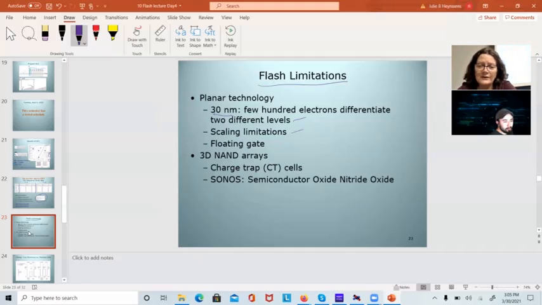So there's a limit to how far this technology will scale. The floating gate limitations. One of the ways they're getting over that, and they've pushed NAND over this hump and got still greater densities out of it, even using a 30 nanometer node, is to do this 3D stacking.